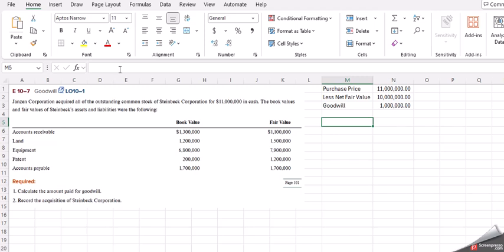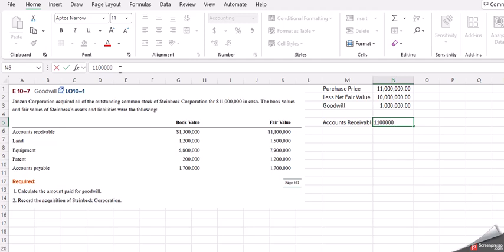and if we were in an advanced accounting type class, we would really call this like an equity investment, but I don't think they want us to do that here. So we would record our accounts receivable at the fair value.